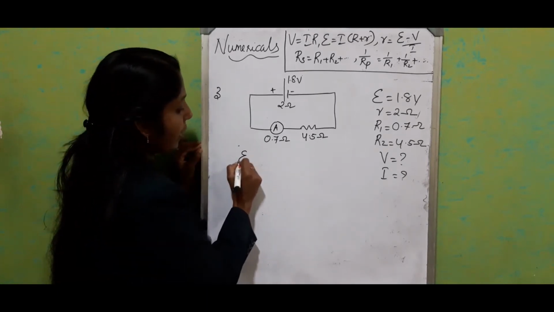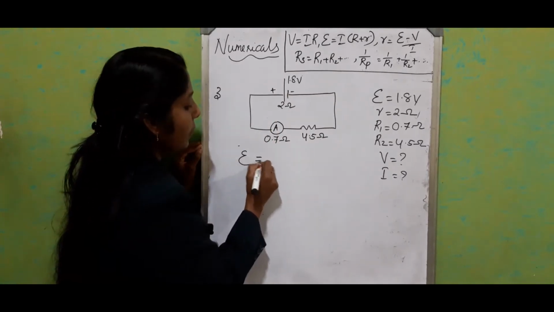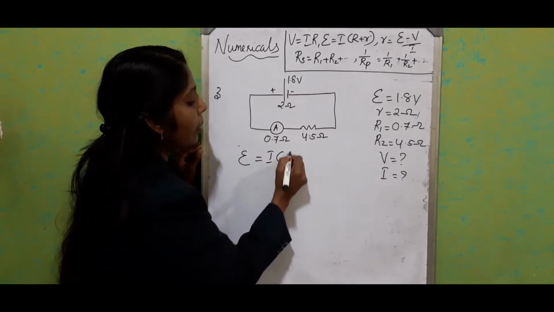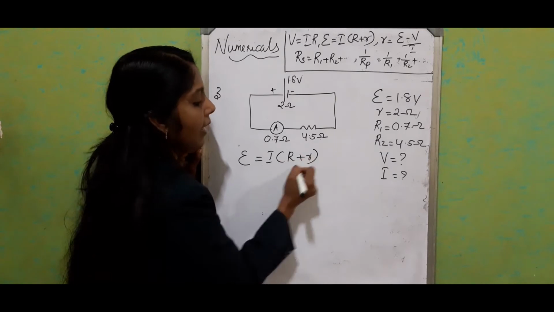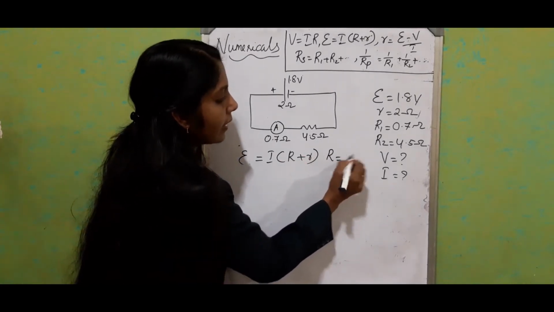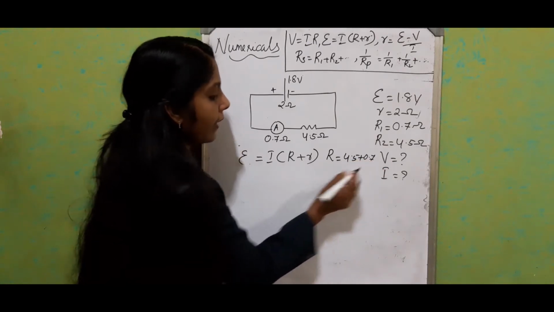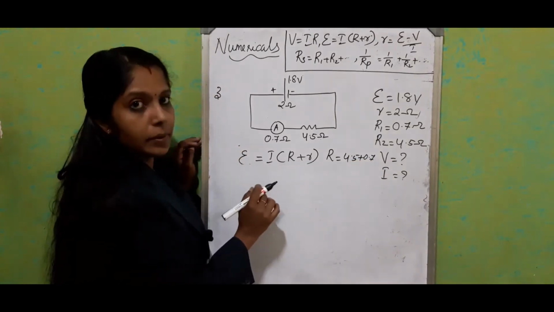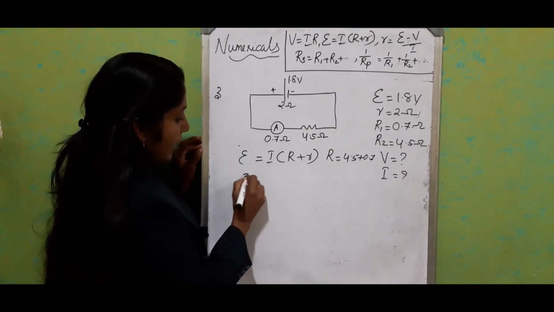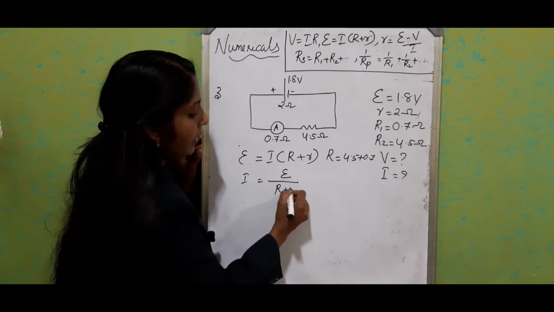If you want to find out the current drawn, we have to consider the E.M.F equation, epsilon is equal to I into R plus r. This R we will write as R is equal to 4.5 plus 0.7. So we'll substitute the values: I is equal to epsilon divided by R plus r.